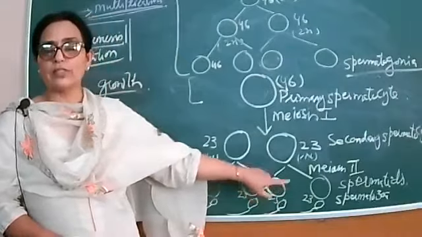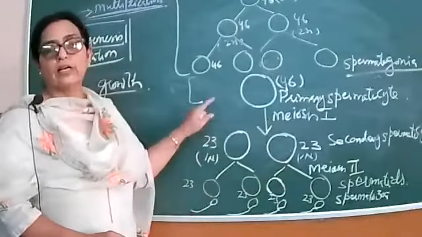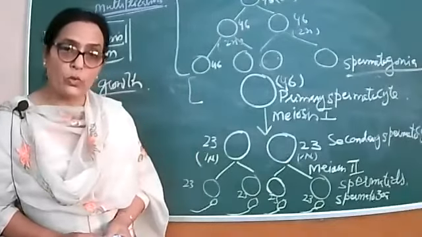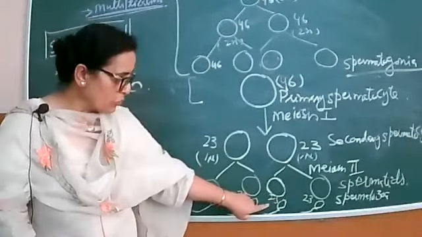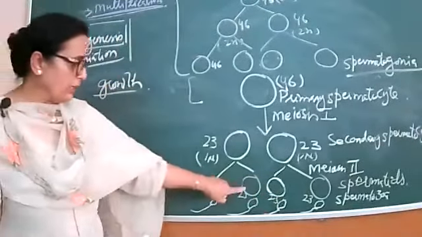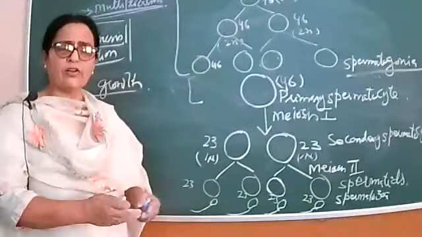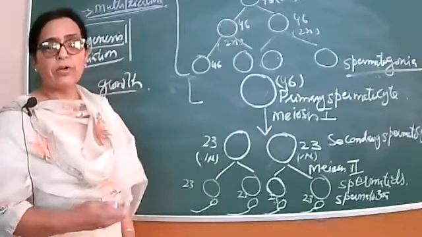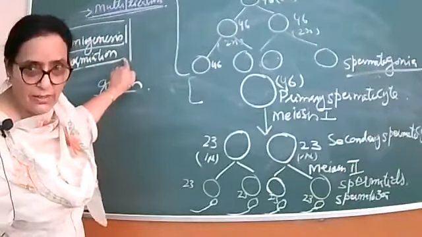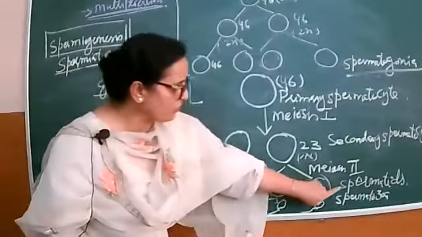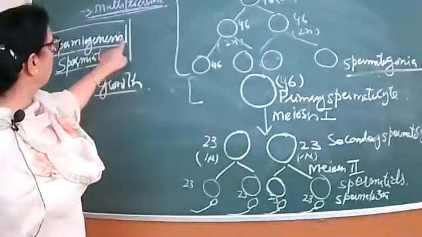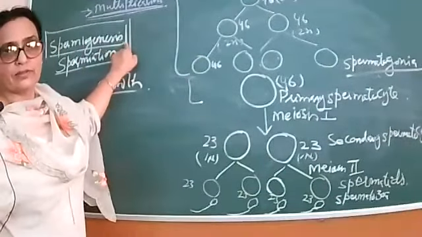And in the seminiferous tubules there are long elongated Sertoli cells, and these spermatozoa are embedded in the Sertoli cells. When these cells are released from the seminiferous tubule, that release is known as spermiation, and conversion of the spermatids into tailed structures is known as spermiogenesis.